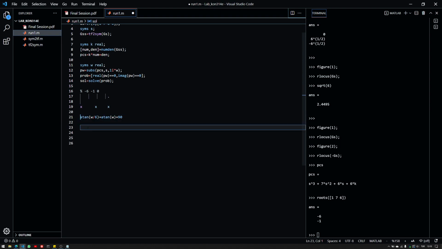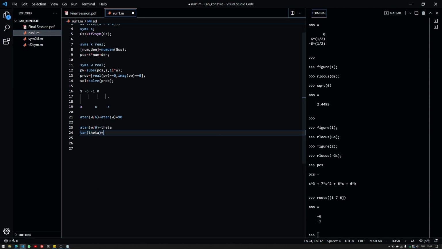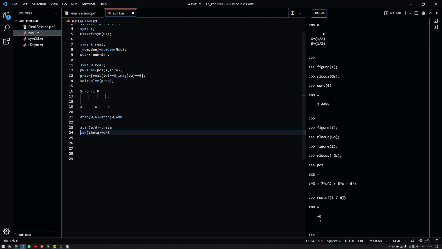Since this, for example, is, let's call it theta, then the tangent of theta would be omega divided by 6. Now, instead of using theta, what we can do is say 90 minus theta.